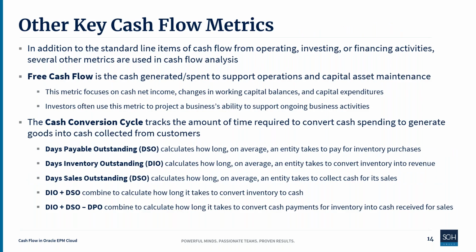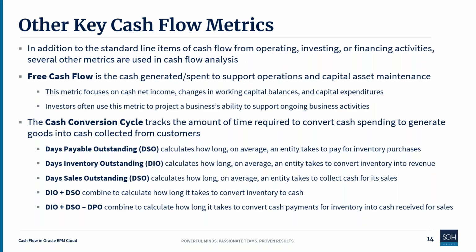Okay, so we're going to talk a lot about the cash flow statement and those indirect method line items: operating, financing, and investing. But there are some other key metrics that do come up in cash flow that you'll see. A lot of these are either derived from or support these cash flow statements. The first one being free cash flow. You'll see this a lot in your financial reports for companies when you're looking at investing and valuing companies.